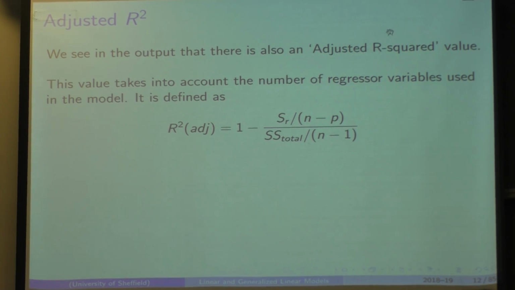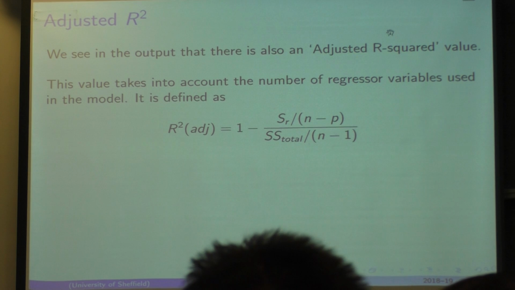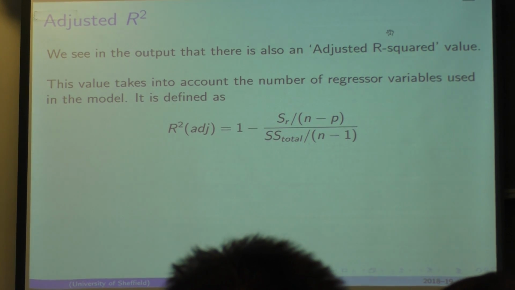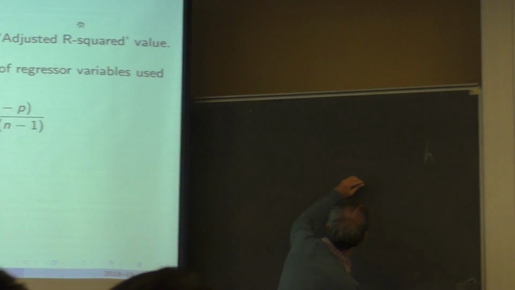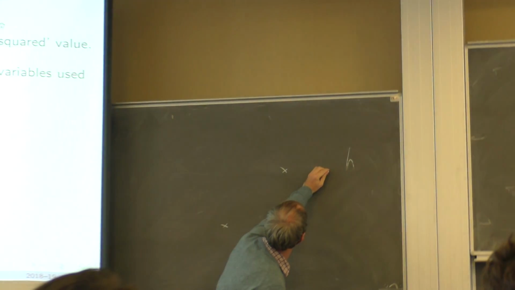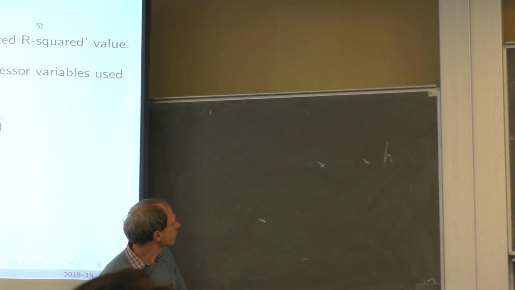Okay, so why is this a sensible thing to do? Well, one bad thing that can happen in linear models is overfitting. So let me give you a very simple example. Imagine that we just have 3 data points, and they look something like this.